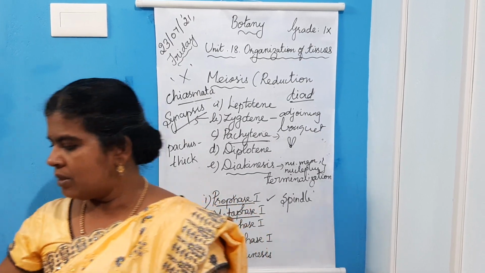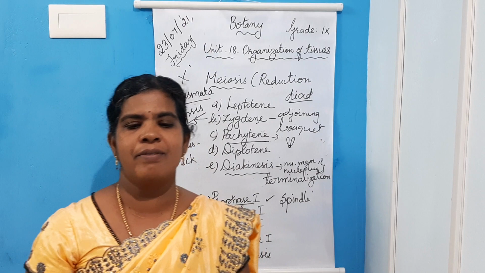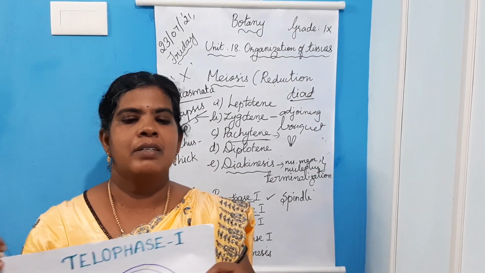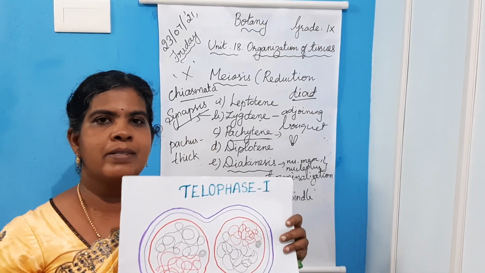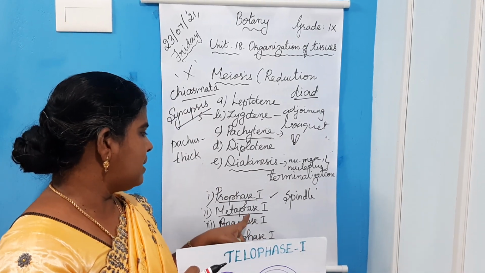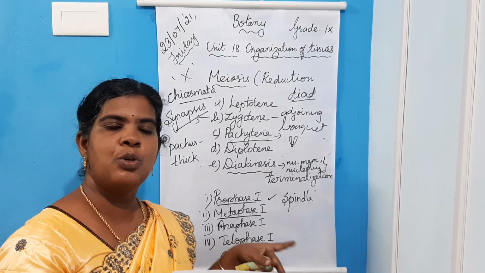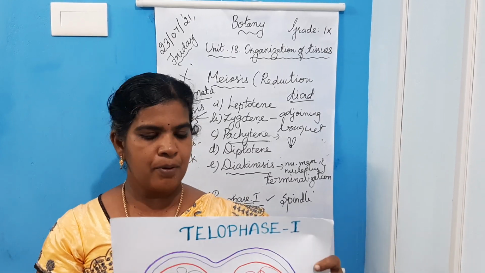Next is telophase 1. I already told you that in metaphase the chromosomes lie at the equatorial plane, and in anaphase they move towards the opposite poles.